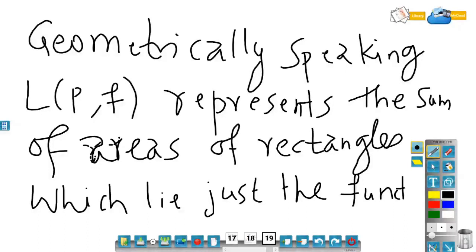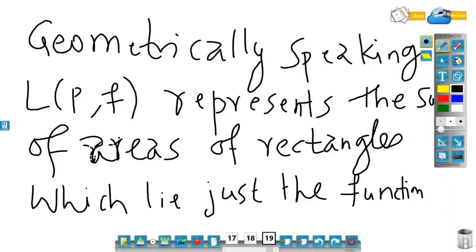So now it is very clear, I hope, that in this lecture you must have understood UPF and LPF. Now our target is to find the exact area below the curve, the integration from a to b of f(x) dx. Geometrically, that is the area below the curve of the function.